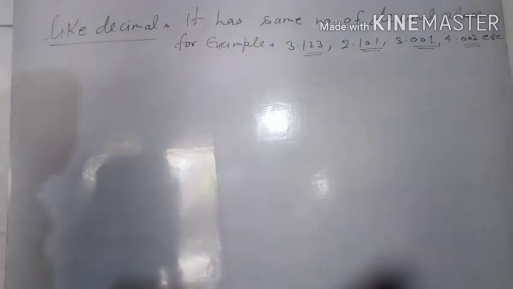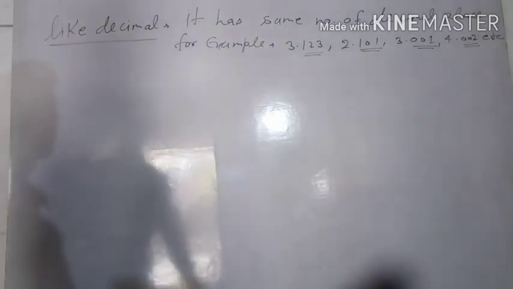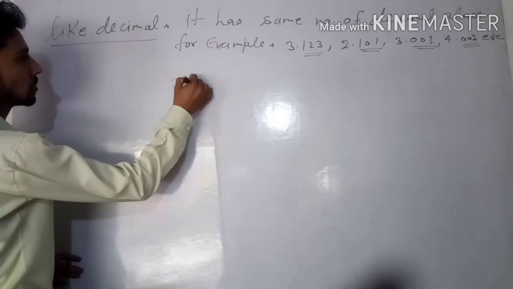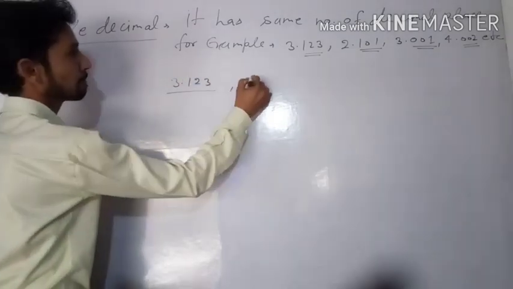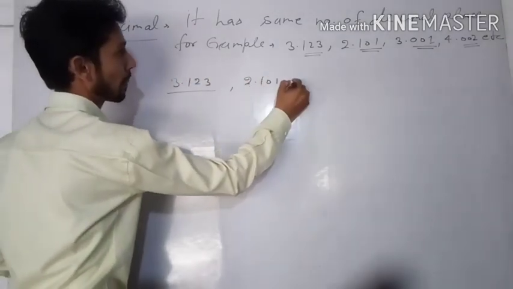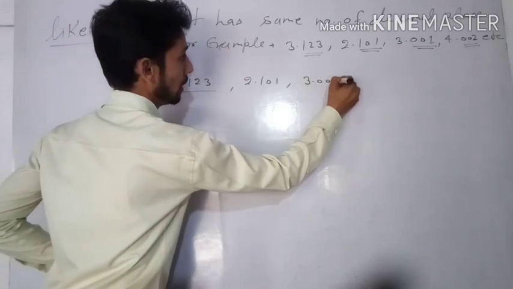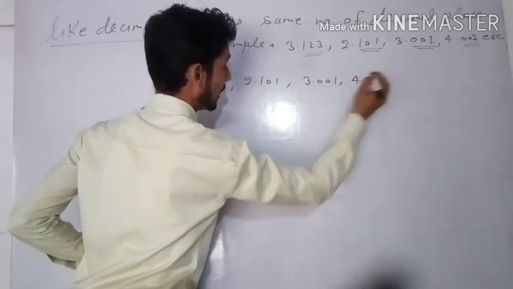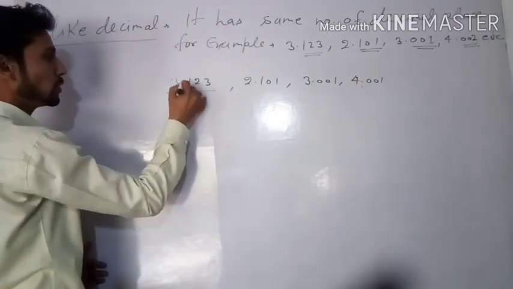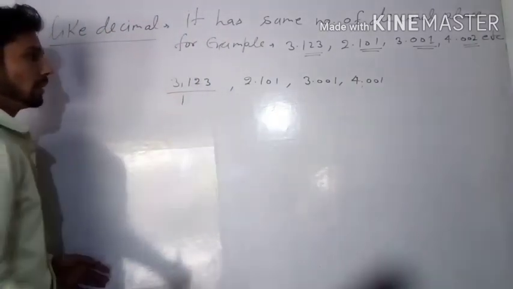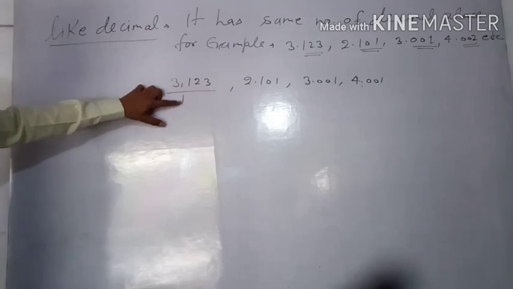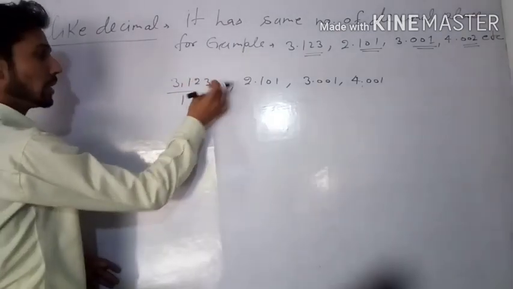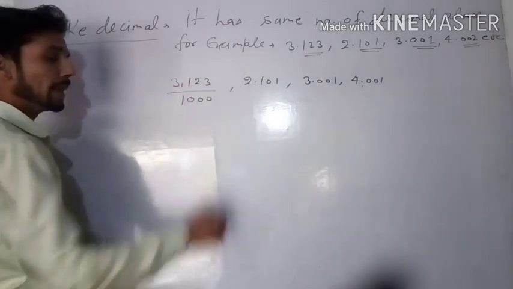So these are called like decimals, because if we convert into a fraction, downward we write 1 and write the 0s according to the decimal places.